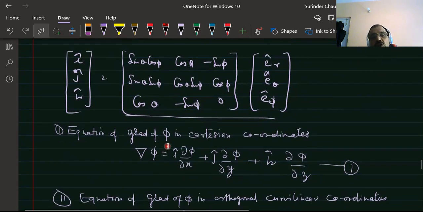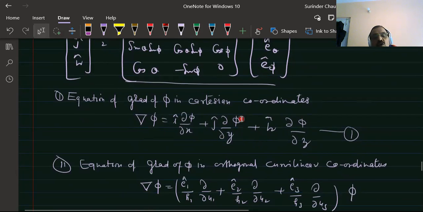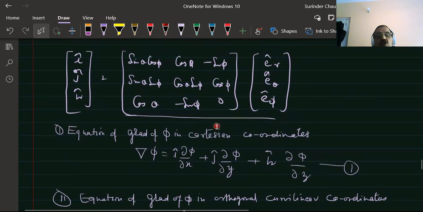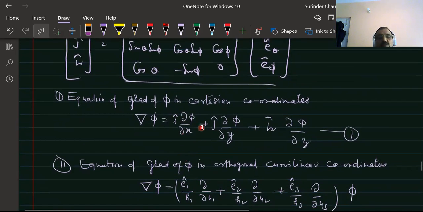Now if you are asked to derive the equation for the gradient in spherical coordinates, or the divergence in spherical coordinates, or the curl, or the Laplacian in spherical coordinates, you just find the relationship between the Cartesian and spherical coordinates and substitute the values of E1, E2, E3 as E_r, E_theta, E_phi.